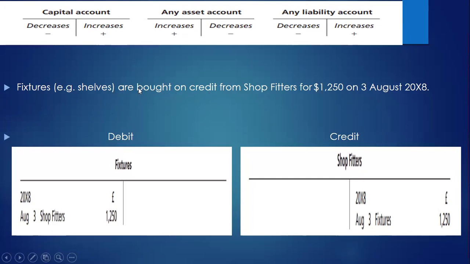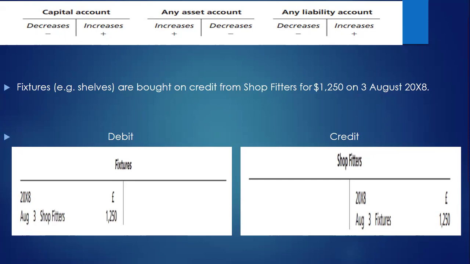When a business buys on credit, it goes under liability, accounts payable. In this case, you owed nothing to this business, and now you owe him $1,250. So your liability has increased since you did not pay in cash. That's a debt for you.